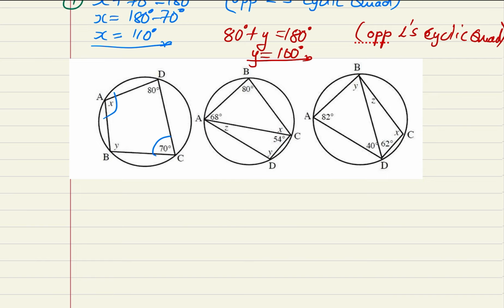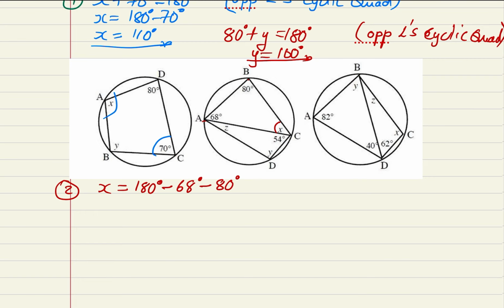Okay, now let's check it. So here on number 2, we'll start by using the sum of angles in triangle ABC. Can you see triangle ABC? We are short of that x. So we'll start by saying x equals 180 degrees minus 68 degrees minus 80 degrees. Why do we say so?